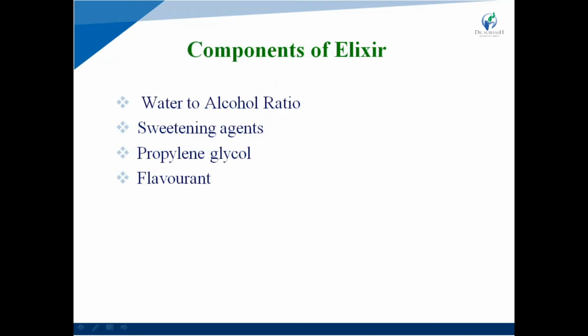Components of elixir. First one is water to alcohol ratio. In this case, the proportion of alcohol in elixir varies widely because the individual components of elixir have different water and alcohol solubility characteristics.